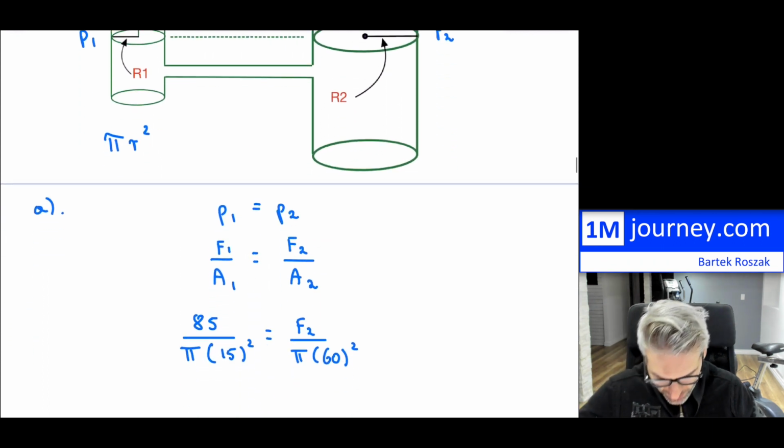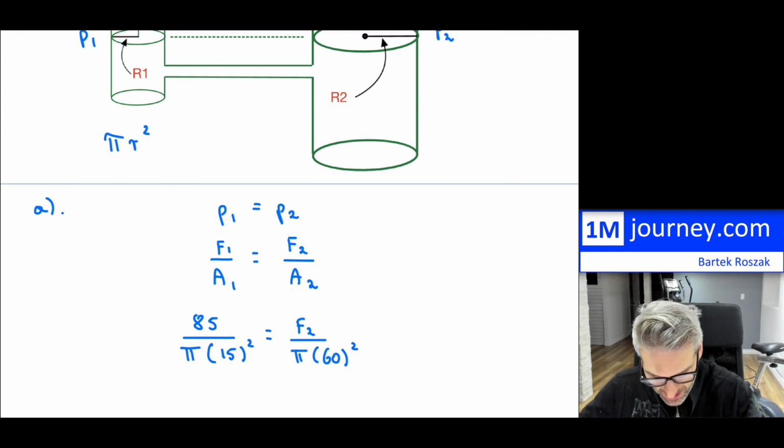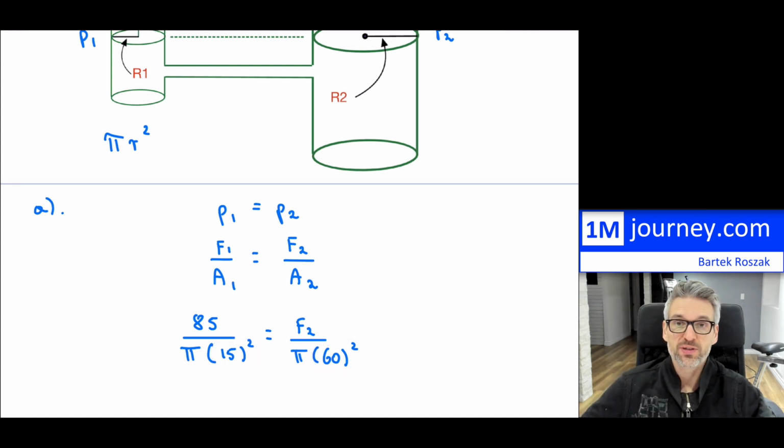Now you might wonder, oh, you didn't put metric standard units in here in terms of the actual radius. The reason for that is that if I have centimeters squared over here and centimeters squared over here, they're going to cancel out anyways.